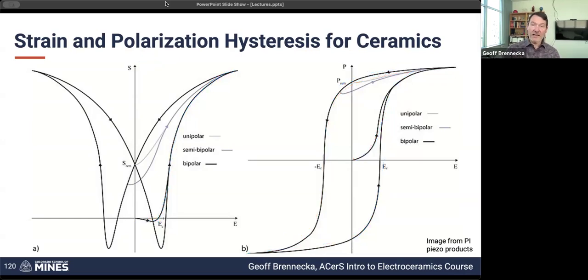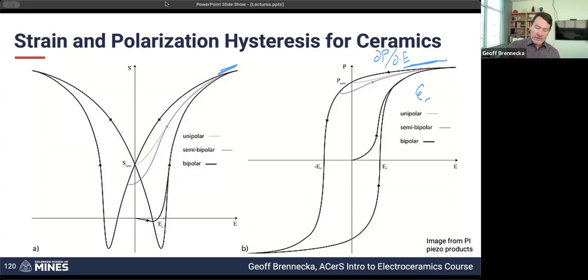The slope of these lines, the slope here, it's dP/dE. You've seen that before. That is just relative permittivity. So the slope of the hysteresis loop at any point, the local slope, is the relative permittivity at that point. What would that be for the slope over here?